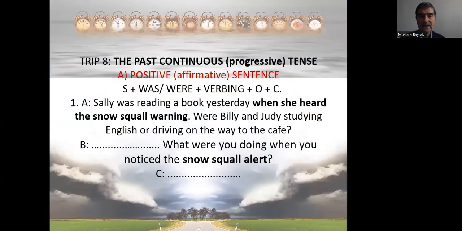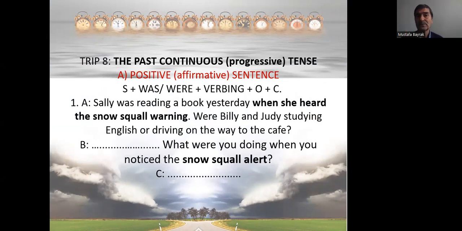Now, trip 8. Today's subject is the past continuous or progressive tense. The positive or affirmative sentence is: subject, was or were according to the singularity or plurality of the subject, and verb plus ing.